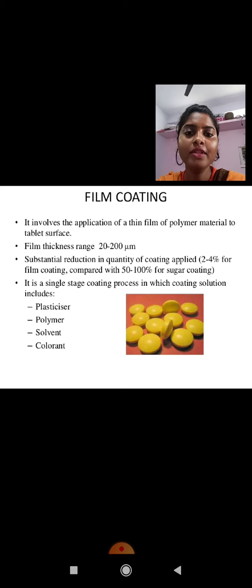When we compare to sugar coating, the tablet weight increases by 50 to 100%, but with film coating the increase is only 2 to 4%. The coating materials involved in film coating are plasticizers, polymers, solvent and colorant.